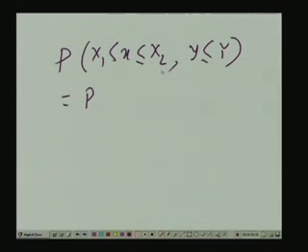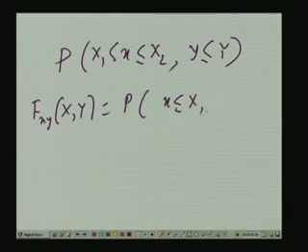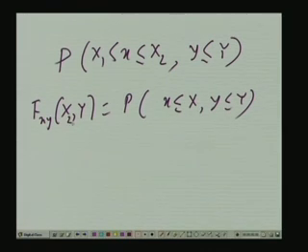Now, this set can be written as a combination of two non-overlapping, non-intersecting sets. Let me make one small correction: instead of capital X, if we put small x2.